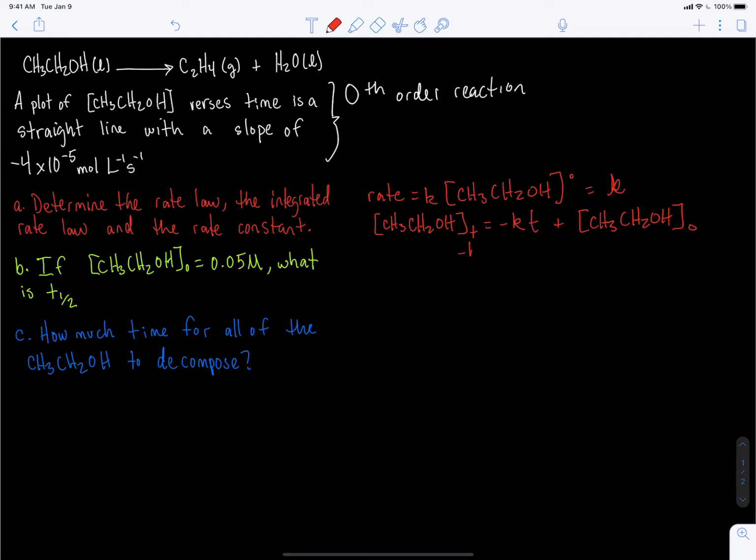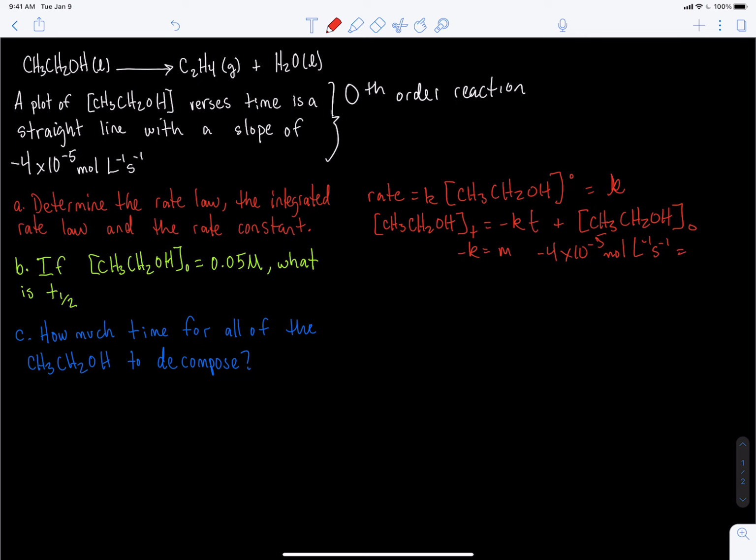So that means that negative k is equal to m. And we see that m is equal to negative 4 times 10 to the minus 5th, per what they tell us in the problem, in inverse liters, inverse seconds.